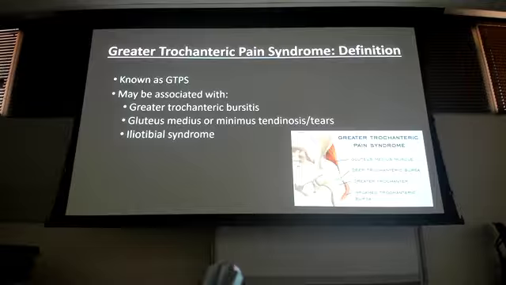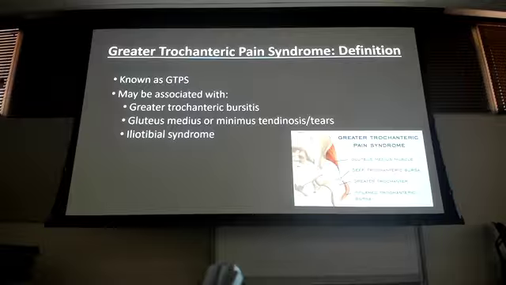So when you're talking about GTPS, greater trochanteric pain syndrome, you're talking about not just point tenderness of the greater trochanter; you have other manifestations as well. Let me ask you a question. I already told you when you think about hip pain, you think in terms of lateral, anterior, and posterior, correct?